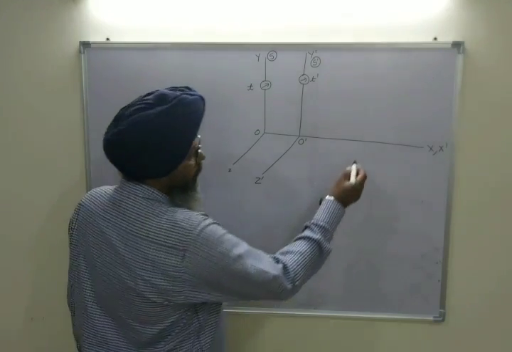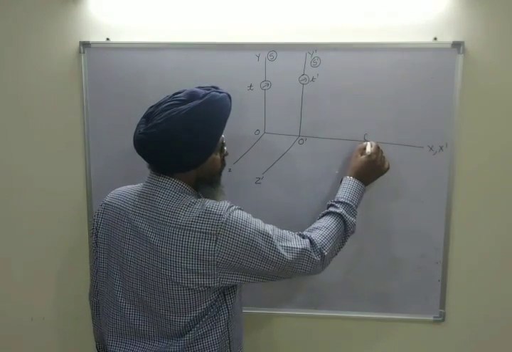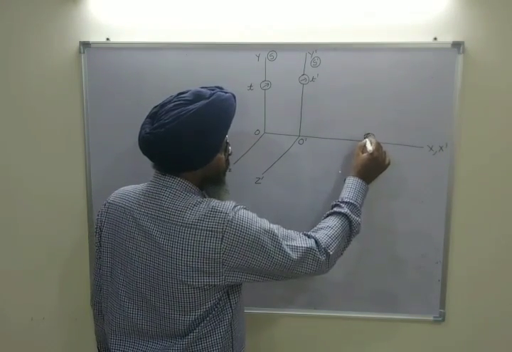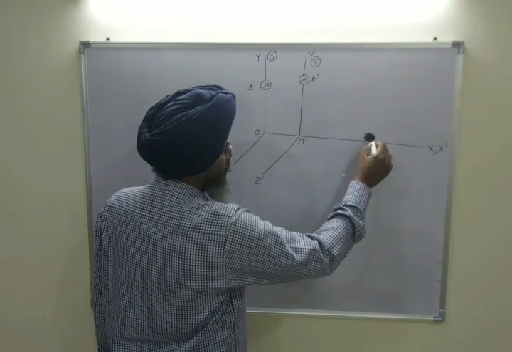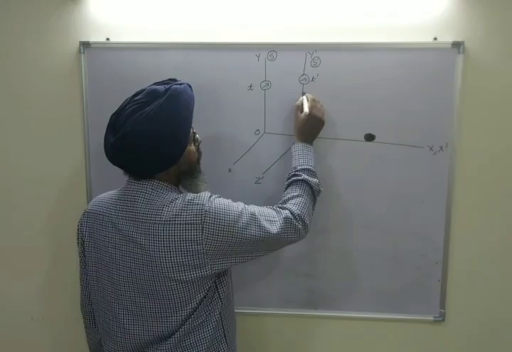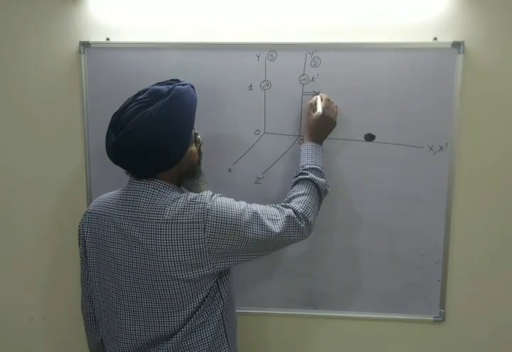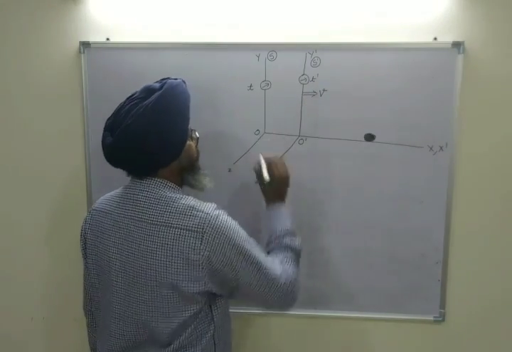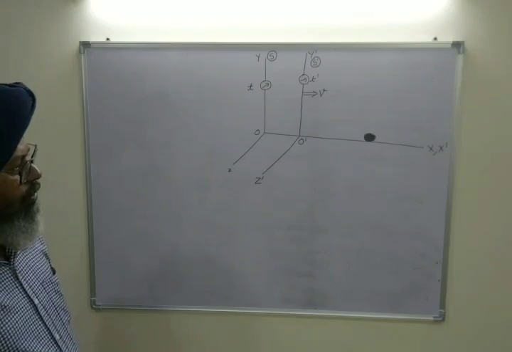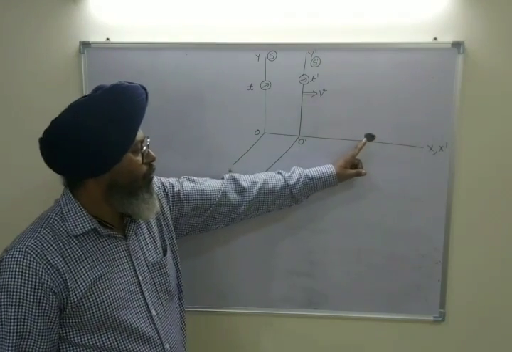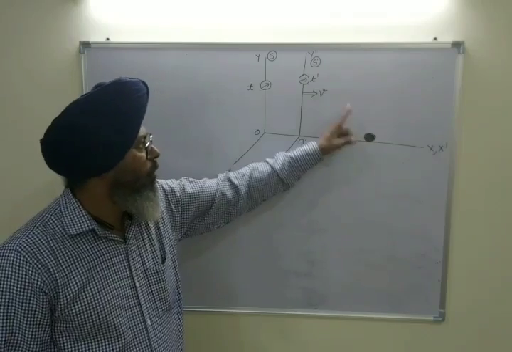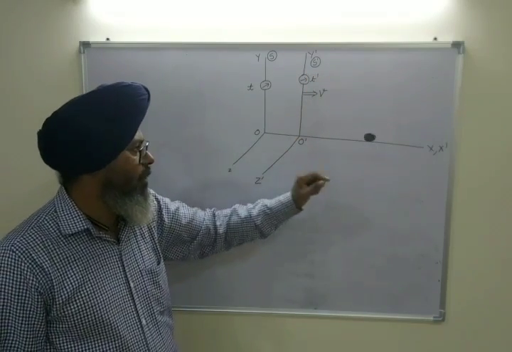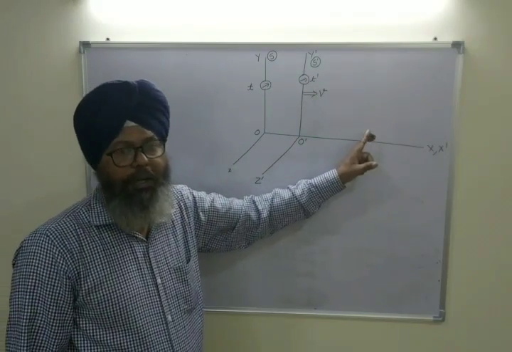We assume that there is an object attached to the x-axis of frame S dash. On the other hand, S dash is traveling along x-axis with a uniform velocity v. So this object is attached to the x-axis of frame S dash. It means this object, when seen in frame S dash, will appear to be at rest.